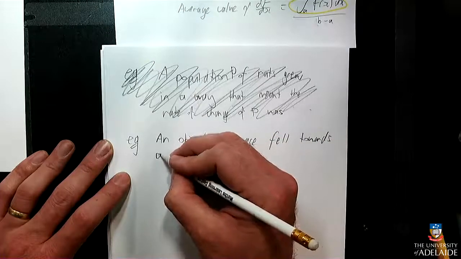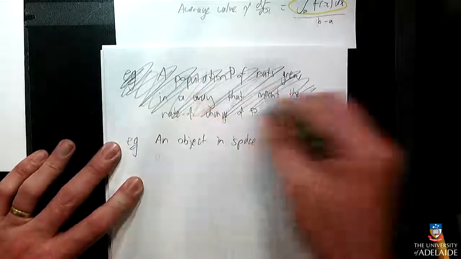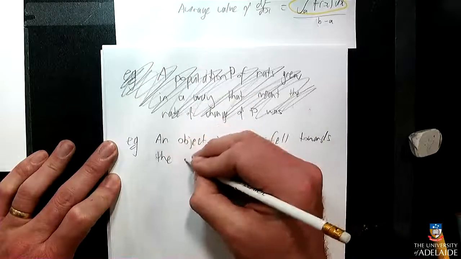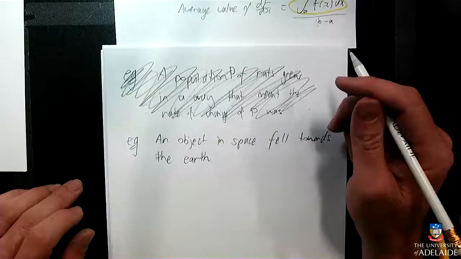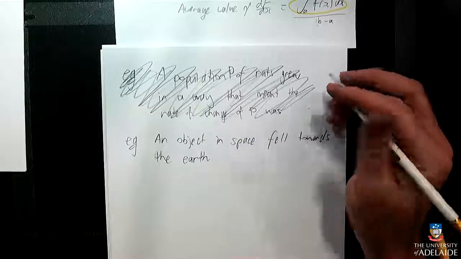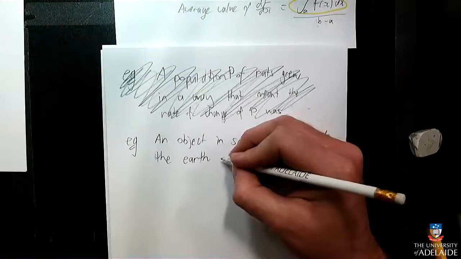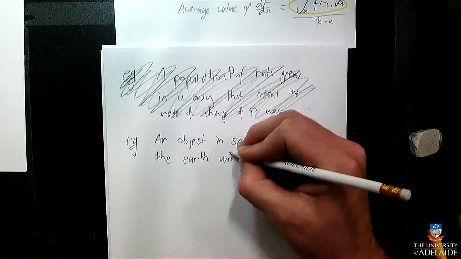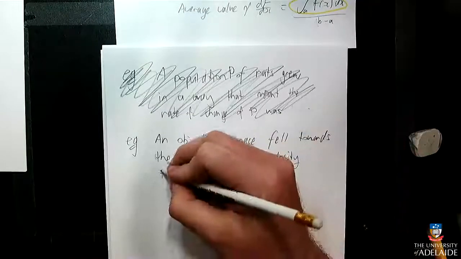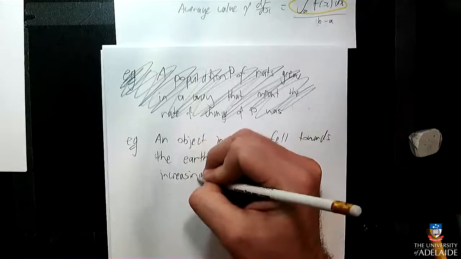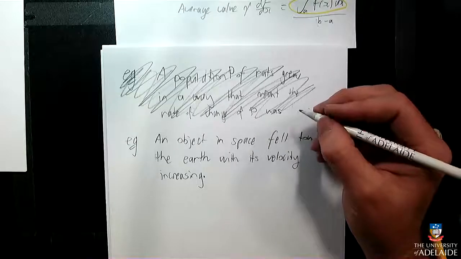An object in space fell towards the Earth, with its velocity increasing, getting faster and faster as it got towards the Earth over time.